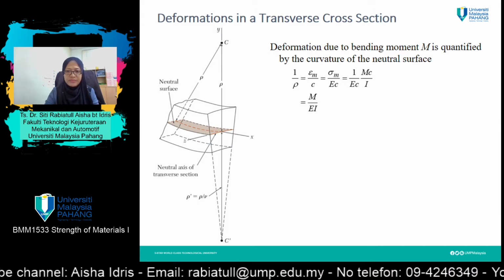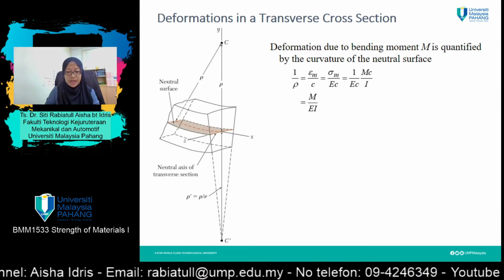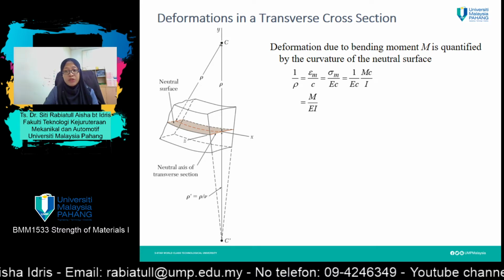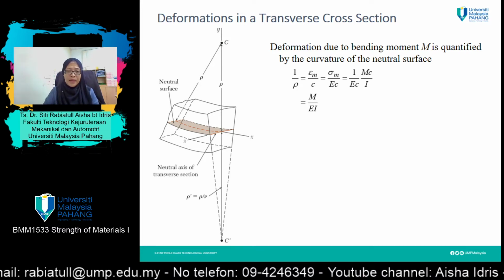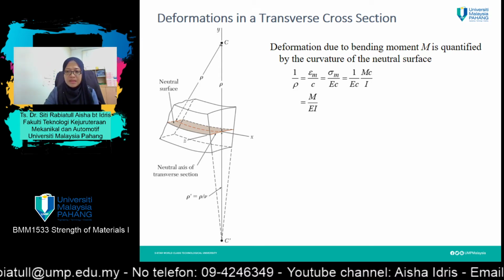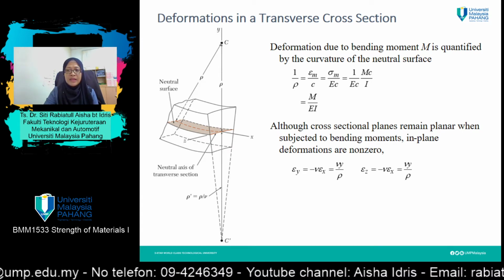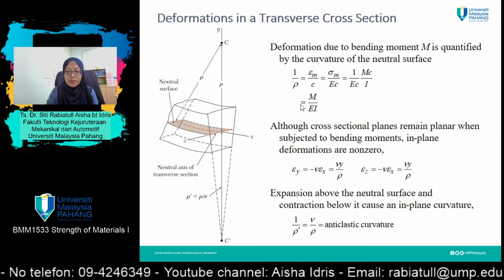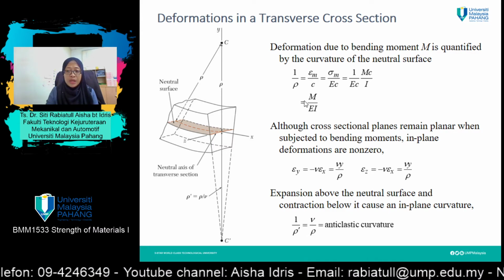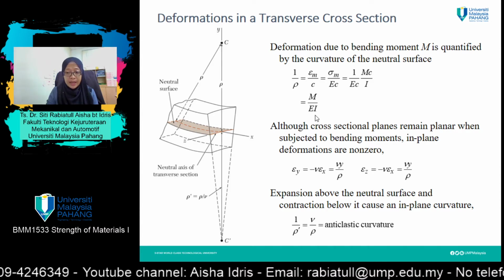Cool. Now let's move on to the next section, which is deformations in the transverse cross-section. In this part, the most important thing that we want to find is the radius of curvature, which is defined by the formula 1 over rho equals M over EI.